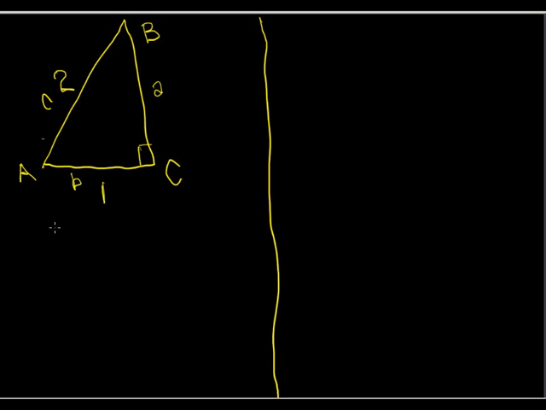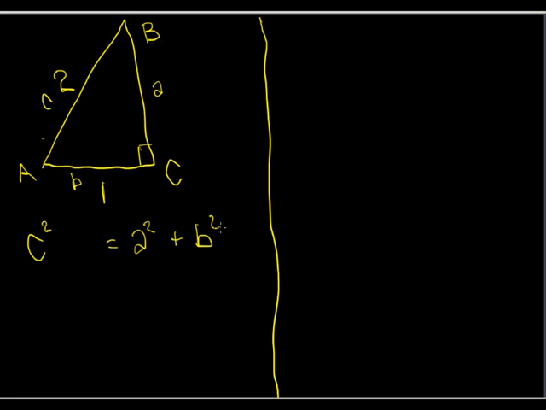Now hang on, we've got Pythagoras' theorem. We've got Pythagoras on our side, so let's go C squared equals A squared plus B squared.